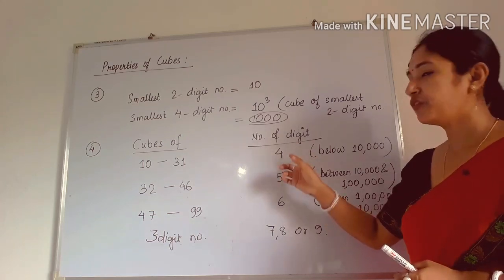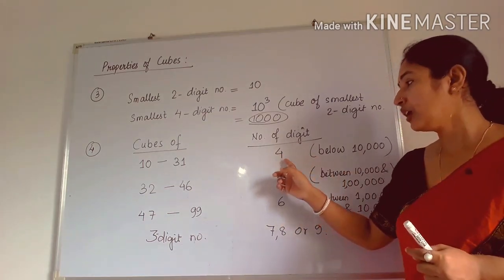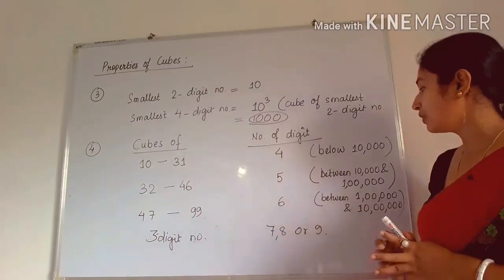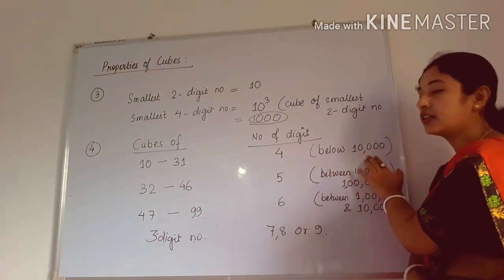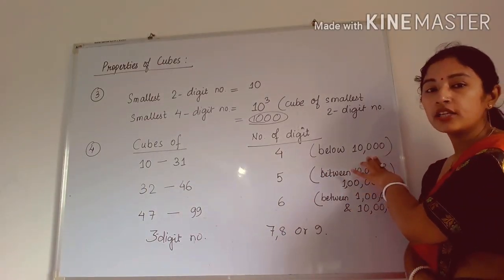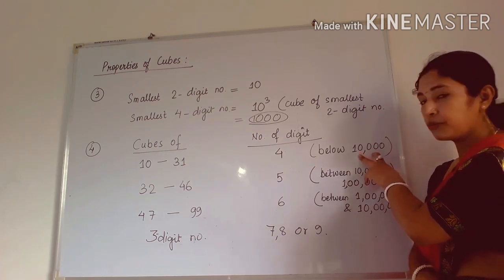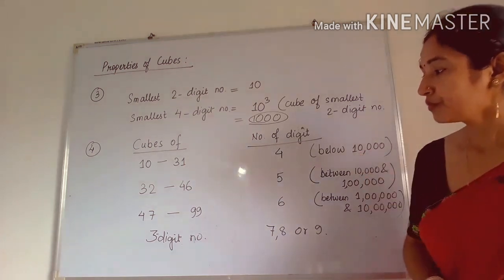So the number of digits in the cube will be 4, and all of the cubic numbers will be below 10,000.